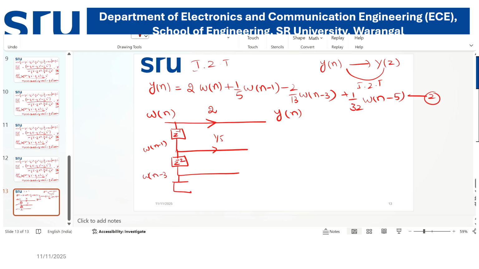Again to generate w(n-5), delayed by 2 number of samples. And the coefficient for w(n-3) is minus 2 by 13, and the last one is 1 by 32. Now same, we have the adders to connect the available terms with the output term.